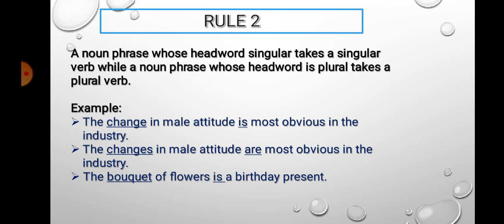Example 2, the changes in male attitudes are most obvious in the industry. Here, changes is the head word, and because it is plural, it selects a plural verb, are. The last example says, the bouquet of flowers is a birthday present. So the head word here is bouquet, and it is singular, and as such selects a singular verb, is.